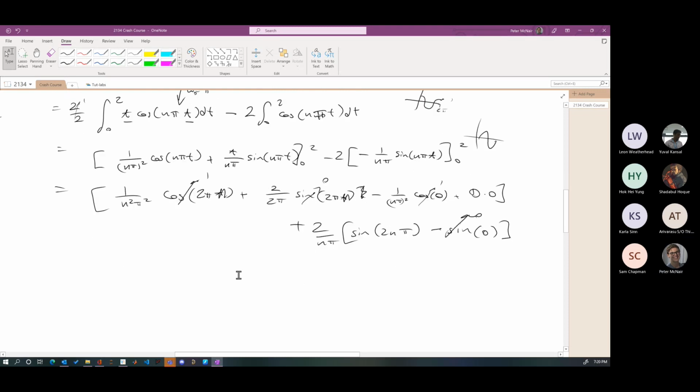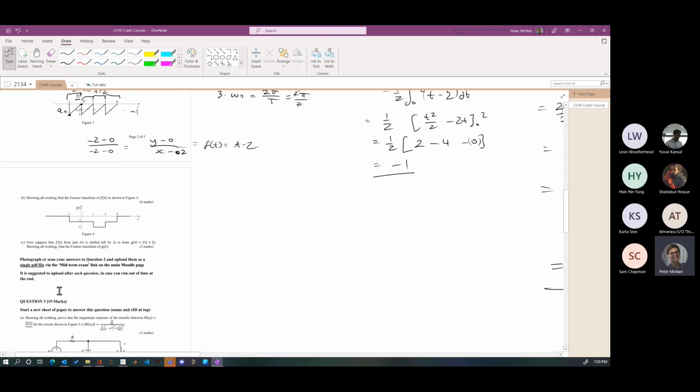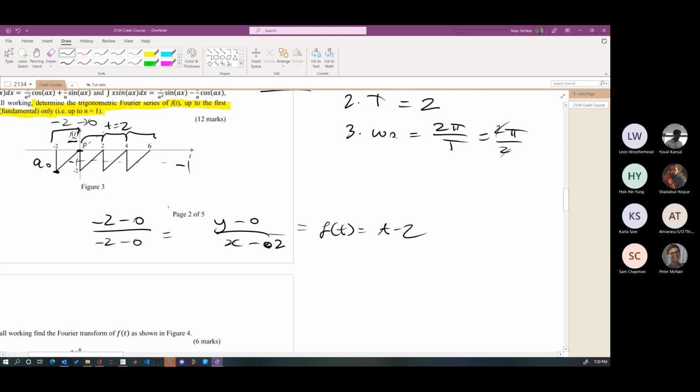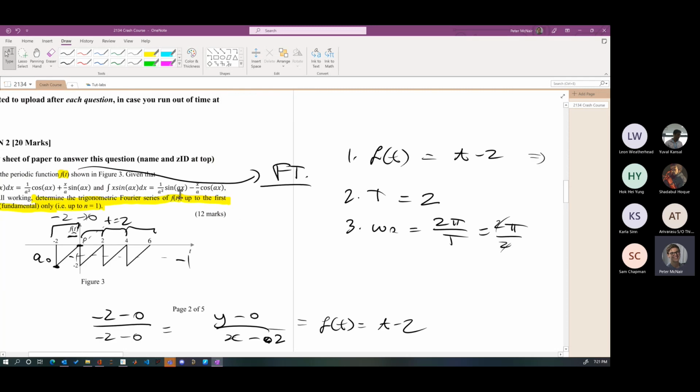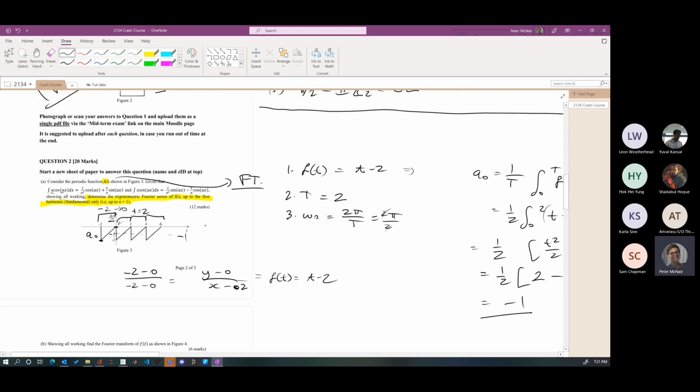And all we get is that this is 1 on n pi squared, this is 0, this is minus 1 on n pi squared, this is also 0, so it just goes to 0, which is what we expect, because this is a, I don't think it's an odd function, but anyway, it's got this sort of look about it.